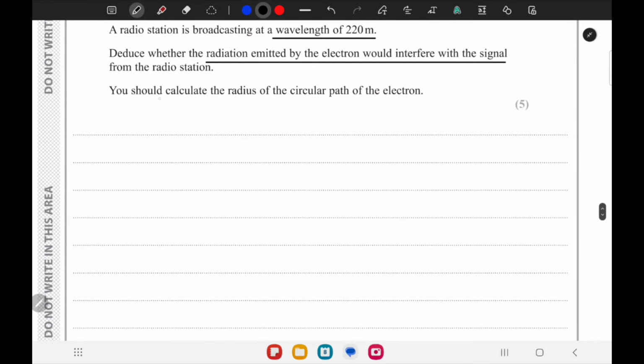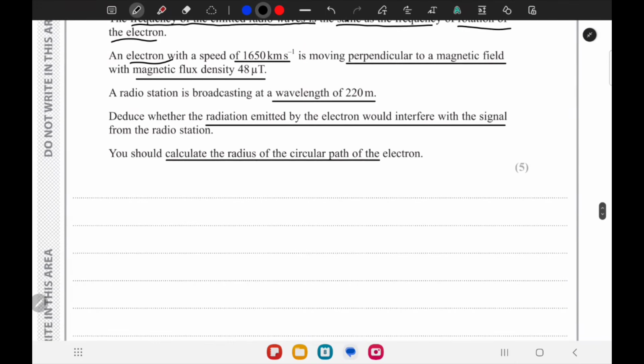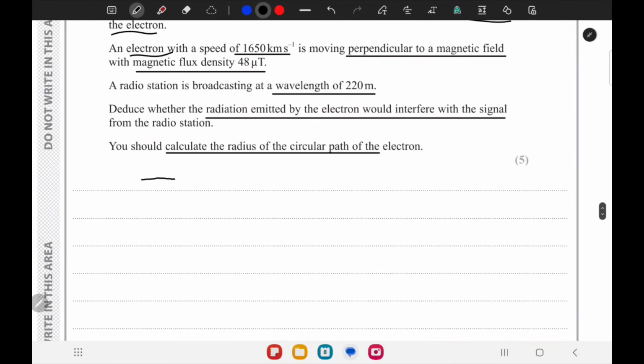We are given a hint about needing to calculate the radius of the circular path. Since this is moving in a circular motion due to the magnetic field, the centripetal force, mv square by r, would be equal to the force due to the magnetic field, so bqv.